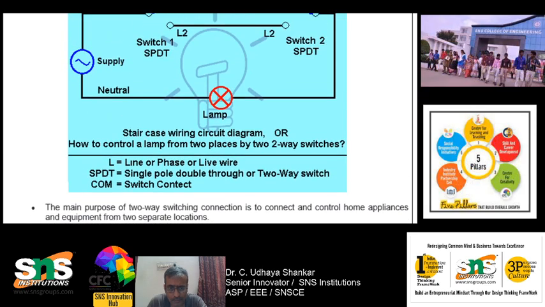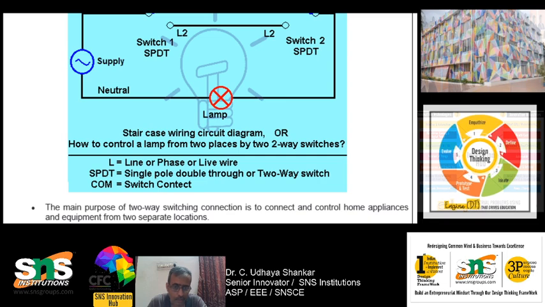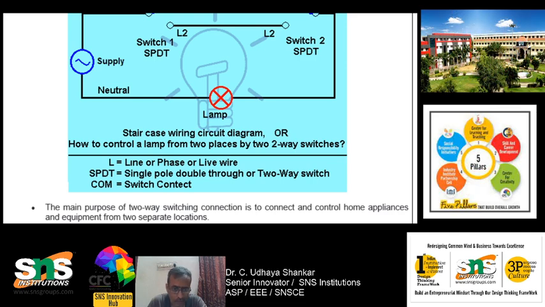The main purpose of the two-way switching connection is to connect and control home appliances and equipment from two different locations, and it is mostly used in staircase wiring where the light bulb can be controlled from different places, no matter if you are in the upper or lower portion of the stair. It also does not depend on the switch position. You just have to press the switch button to off and on to perform the switching operation.